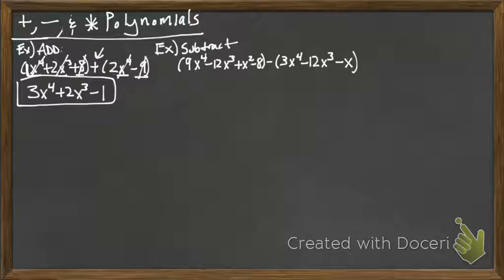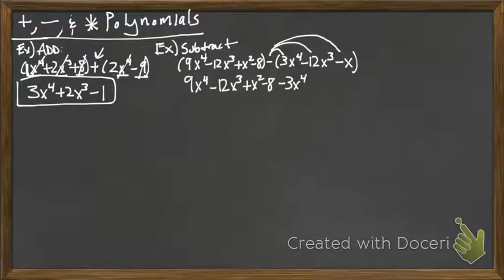So when you're subtracting two polynomials, what I like to do, kind of like when we're subtracting complex numbers, or if you're just subtracting any two terms, is distribute the negative. So I'm going to rewrite this as 9x to the fourth minus 12x cubed plus x squared minus 8, and if we distribute the negative, it becomes negative 3x to the fourth.